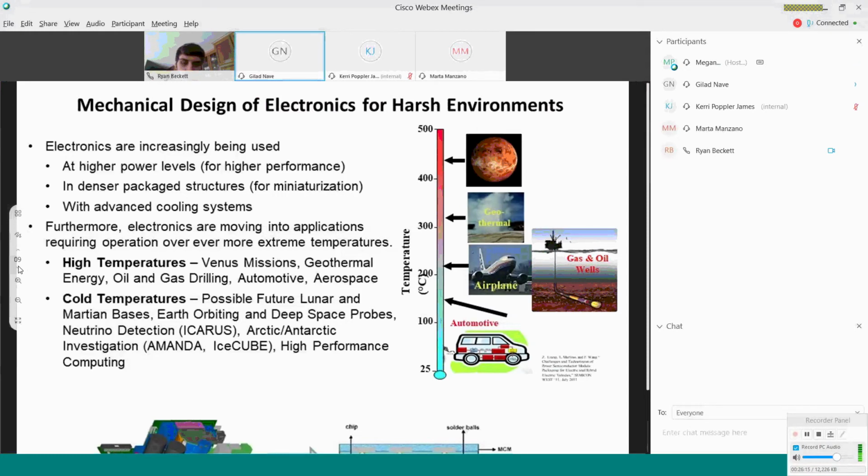In addition to this higher heat, we have to incorporate thermal management systems into the electronics to cool them down, okay? And it's not just internal heat that's being generated, but as I mentioned, you are also placing these in some pretty severe environments, ranging all the way from space to the Arctic and Antarctic.